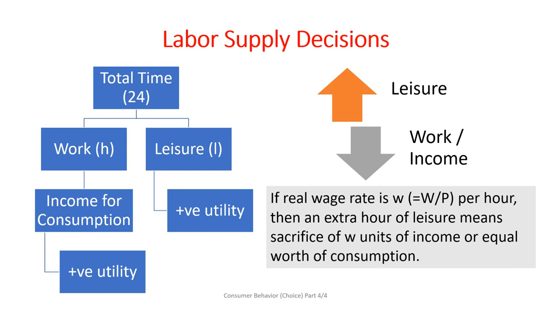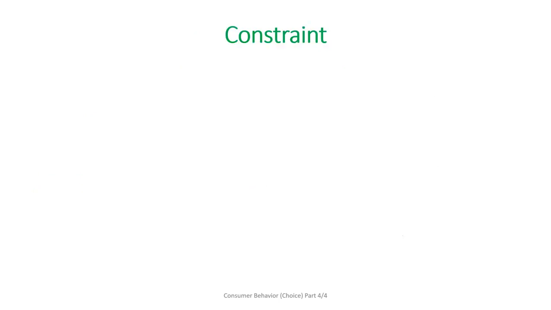So we have two kinds of constraints. The first constraint shows that we can only consume from our income earned by working at wage rate W per hour.